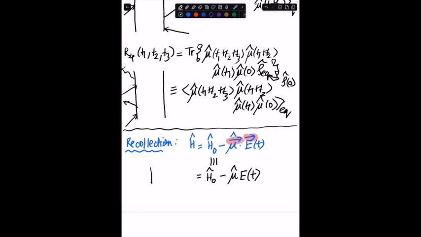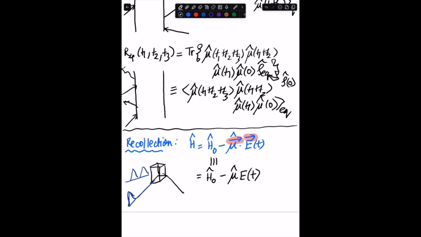So essentially, if you consider your sample, which I shall draw an illustration of here, and you have your incident light fields. Let's just say you have your two pump pulses and a probe pulse, which are separated in time, and they interact with this matter system.